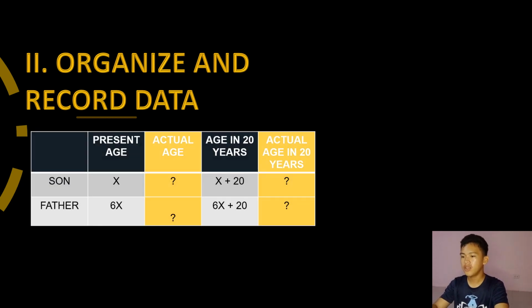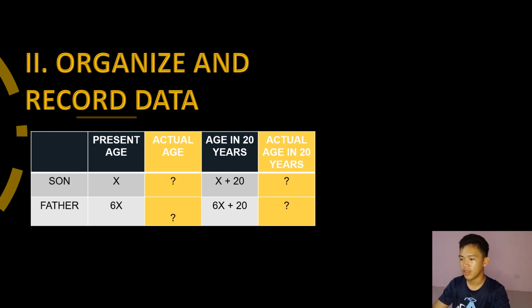The second step in mathematical investigation is organize and record data. The present age of the son is x, and the father's present age is 6x, because he is 6 times as old. So what is the actual age of the son and the father?